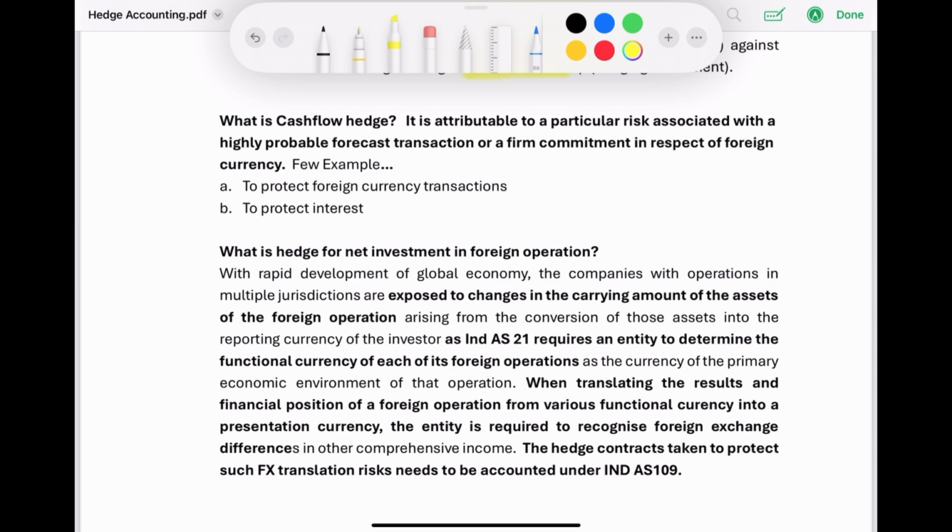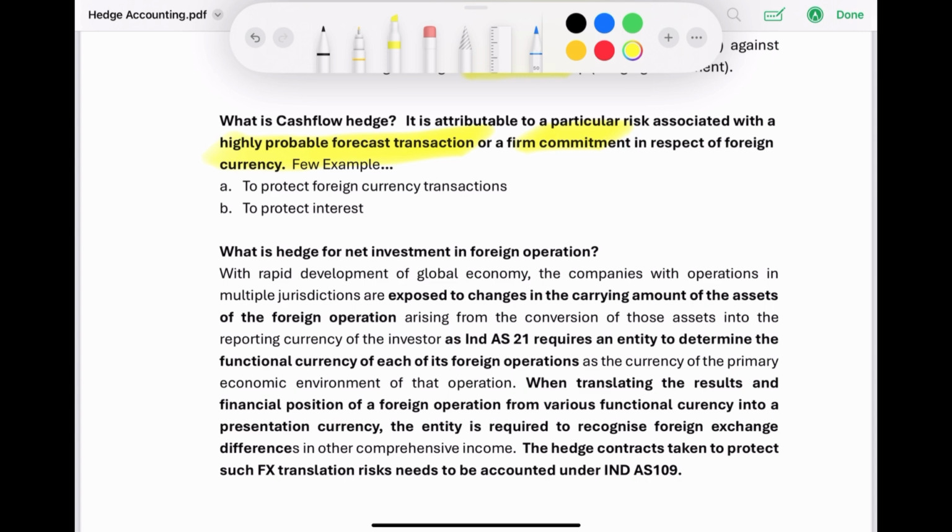Now we'll go through what is a cash flow hedge. A cash flow hedge is attributable to a particular risk associated with a highly probable forecasted transaction or a firm commitment in respect of foreign currency. The primary difference between fair value hedge and cash flow hedge is that a fair value hedge is taken to cover existing assets and liabilities, but a cash flow hedge is to cover a forecasted transaction or any firm commitment.